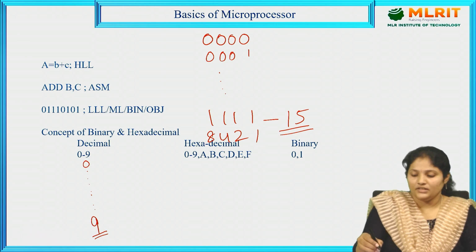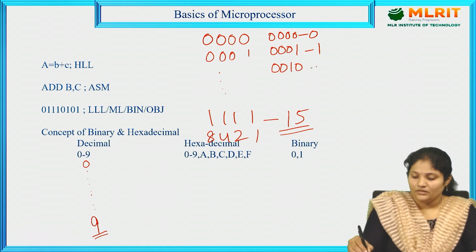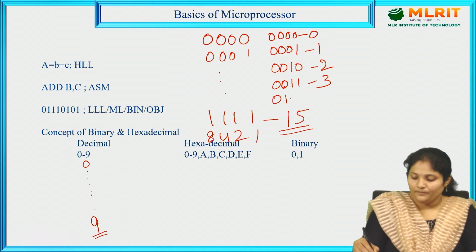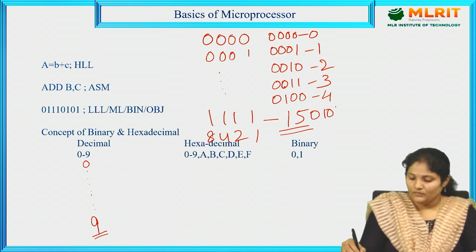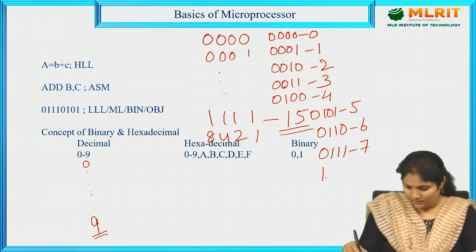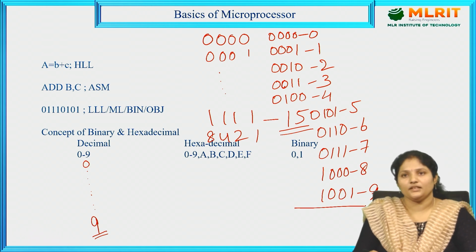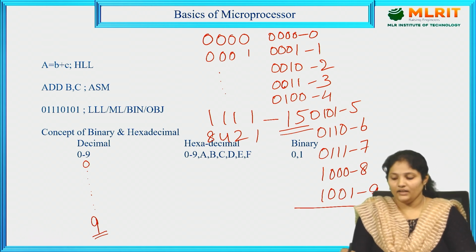By using 4 digits, we use 0000 for 0, 0001 for 1, then 2, 3, 4, 5, 6, 7, 8, and 9. Until this combination it is required.